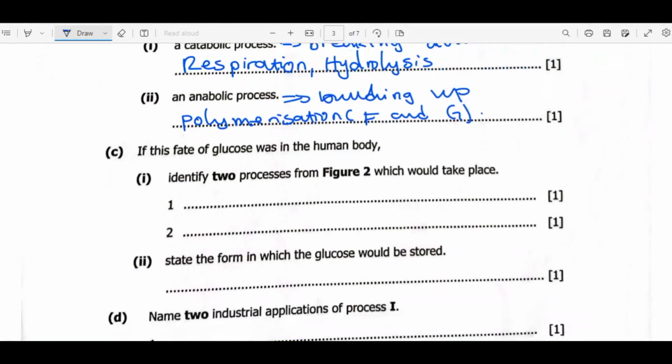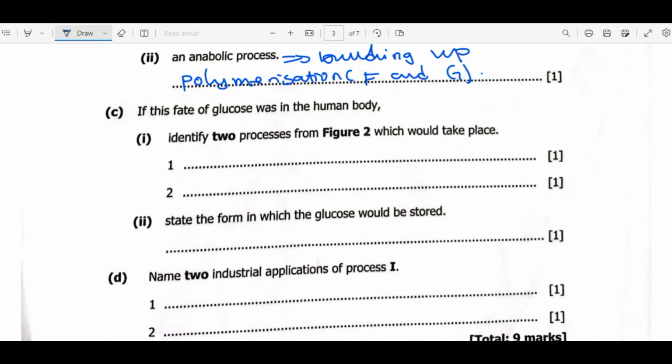Then we move on to question C. If this fate of glucose was in the human body, identify two processes from figure 2 which would take place. The first one, we'll look at aerobic respiration. Then apart from aerobic respiration, glycolysis can also occur in humans as well. Then Roman number 2, state the form in which glucose would be stored.